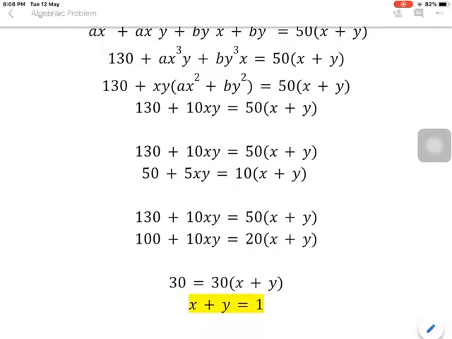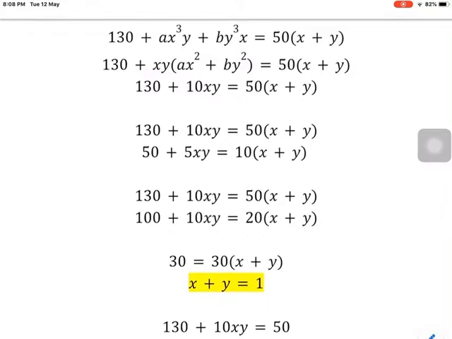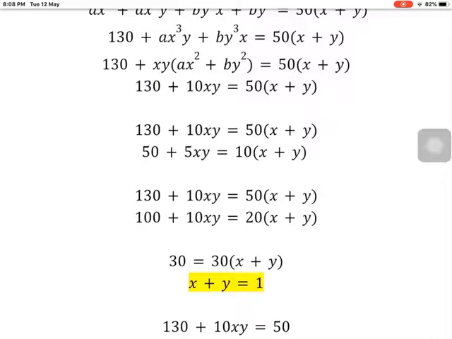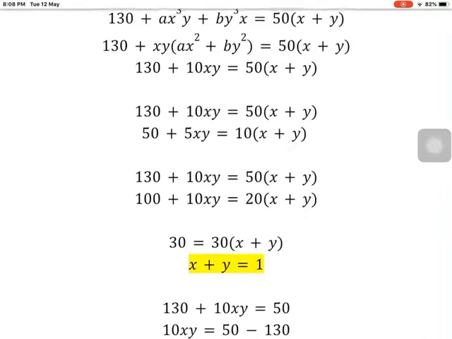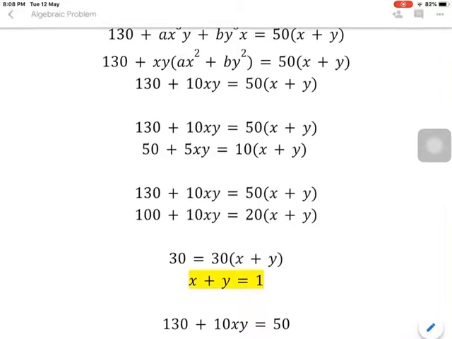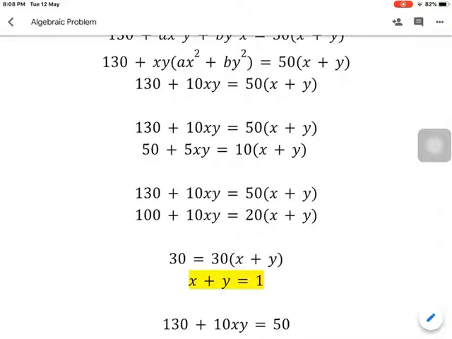So we already know that x plus y equals to 1. So we take the original equation, 130 plus 10xy equals to 50 times x plus y. We have to do some substitution here. So we substitute x plus y as 1. So 50 times 1 is still 50.